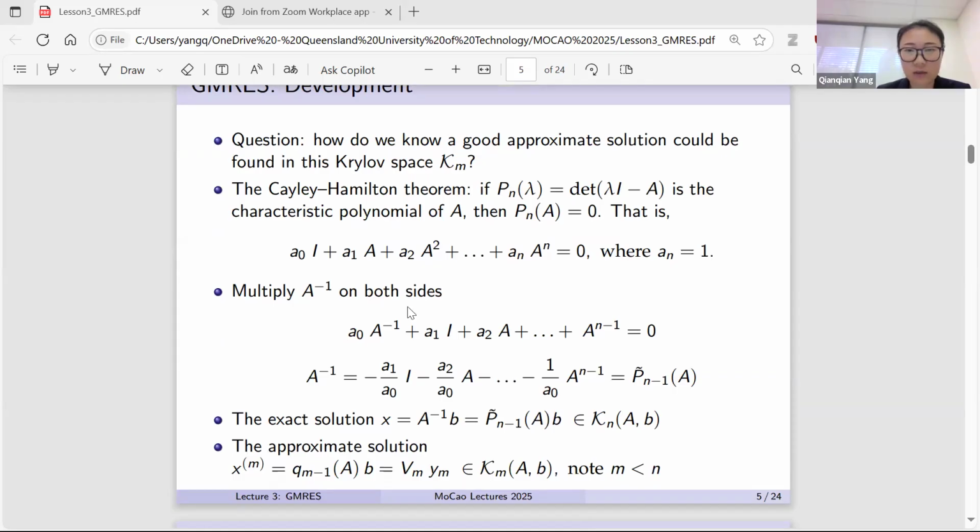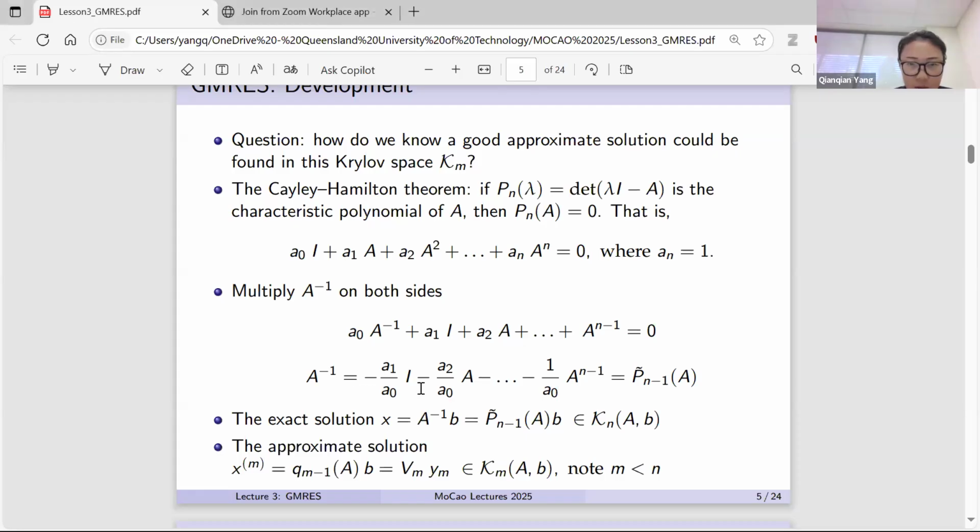The second term becomes a1 times I, since A times A inverse is I. The next term, a2 times A, cancels out one of the A's. And the last term becomes a_n times A to the power n minus 1, and the whole thing equals 0. In the next line, I just keep A inverse on the left-hand side, move the rest to the right-hand side, and divide by a0, so the whole thing is scaled by a0.